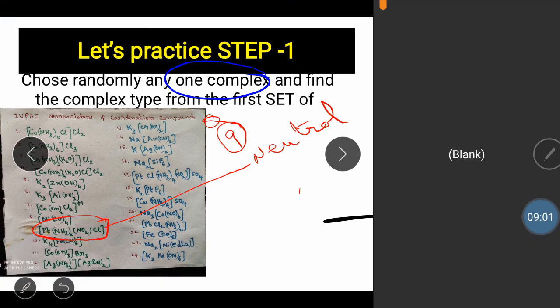Guys, one small correction. In the 24th question, the square bracket must be after Fe. K3 is outside the square bracket, so please make the correction. If you want to divide question number 24, K is outside, the cation is simple, and the anion is complex.